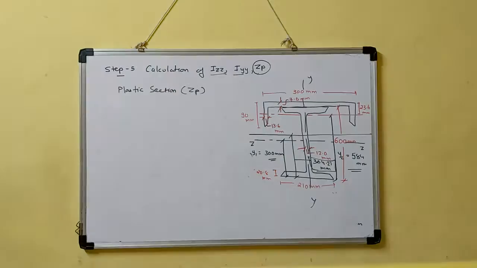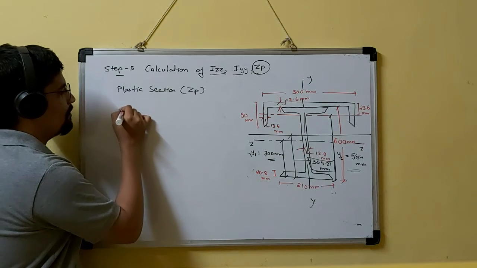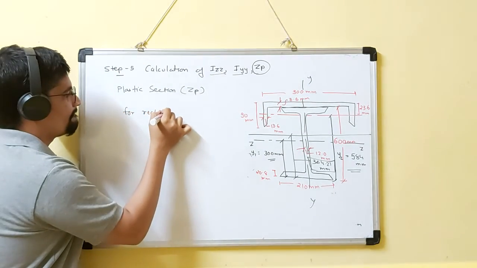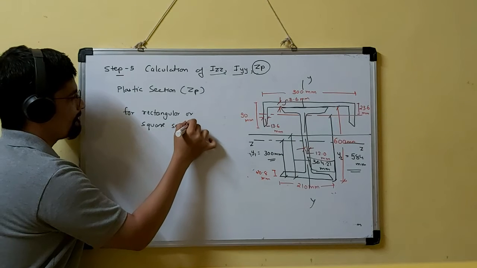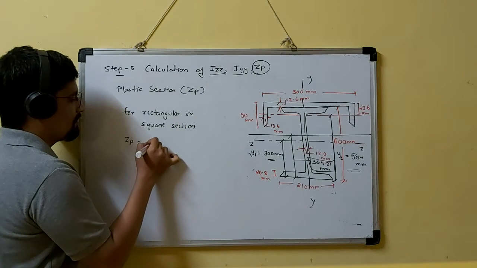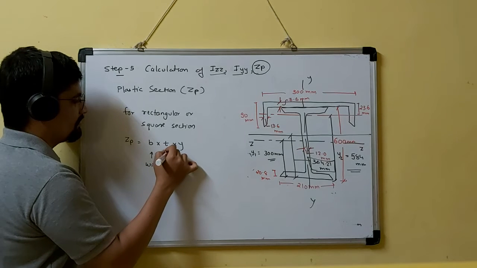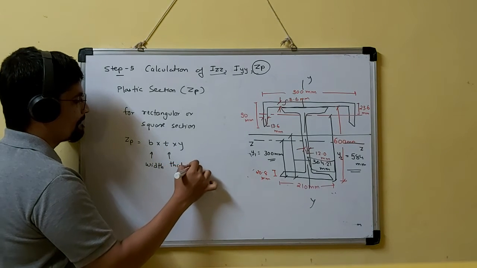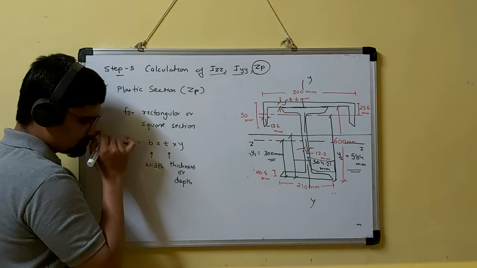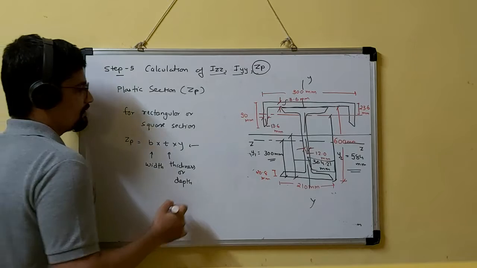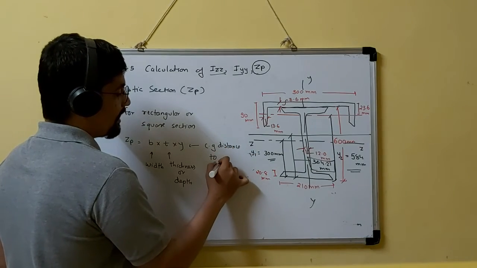Okay. So for a rectangular or square section, the equation of ZP is B into T into Y. B means width, T means thickness, or height, or depth also we can say, and Y is the CG distance to the PNA.